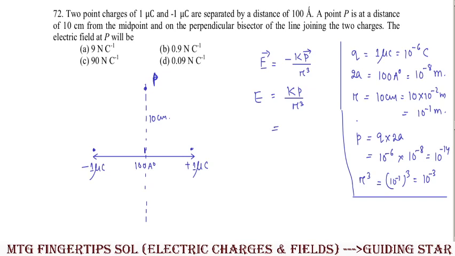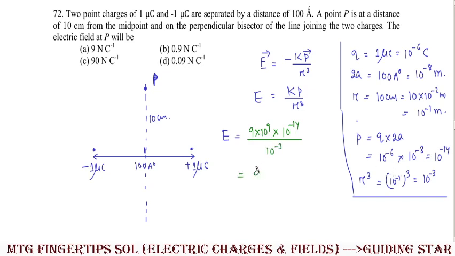Here the value of E will be equal to simply K, which is 9 into 10 to the power 9, times the dipole moment, which we got as 10 to the power minus 14, divided by r cubed, that is 10 to the power minus 3.